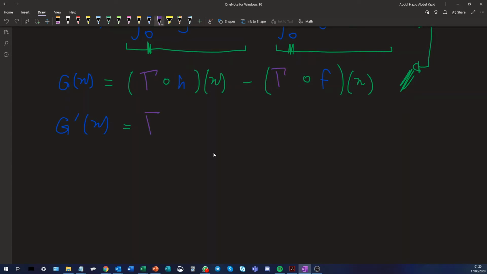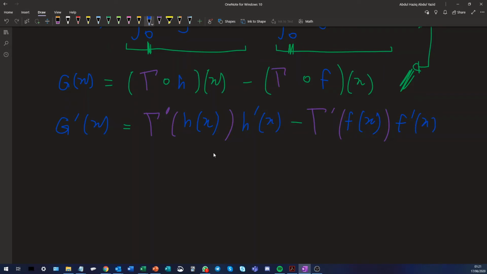So we have gamma prime of h of x, times h prime of x, subtracted by gamma prime of f of x, times f prime of x.